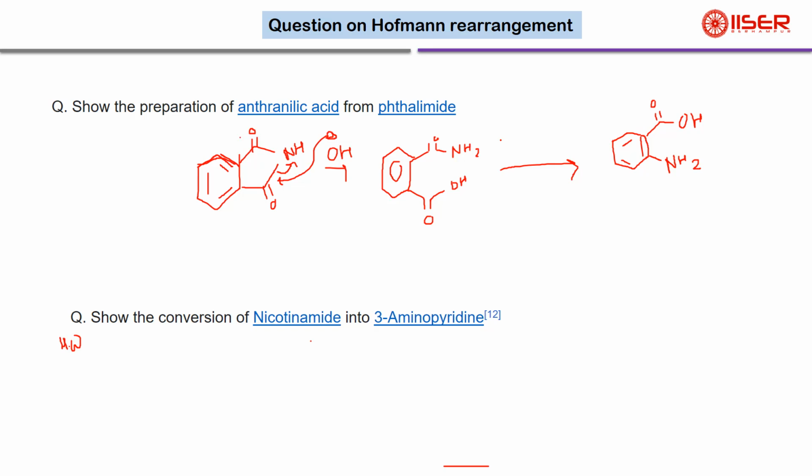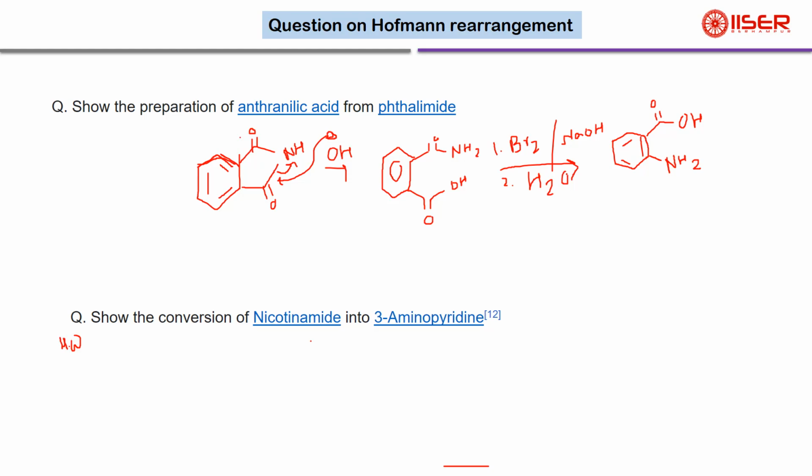If you add Br2, NaOH in the first step, and in the second step, if you add water as a solvent, you will get anthranilic acid as our product. It is very easy. So for your practice, just try this last one.